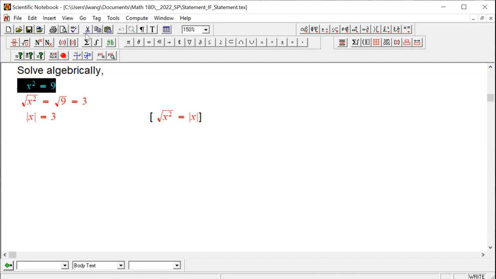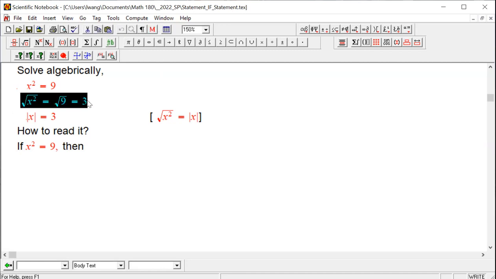Starting from here, the way to read it: it says if x squared equals 9, then we say this.